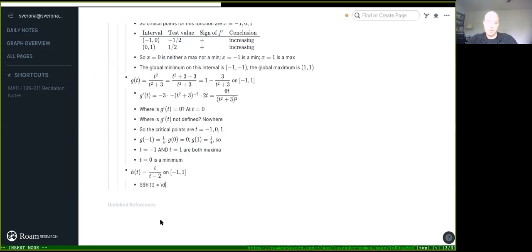And so that's going to be, on top, the derivative of the top first times the bottom minus the derivative of the bottom times the top. So that's going to be 1 times t minus 2 minus t times 1. And then on the bottom, I'm going to have t minus 2 squared. And so if I clean that up a bit, it looks like I'll get -2 over t minus 2 squared.